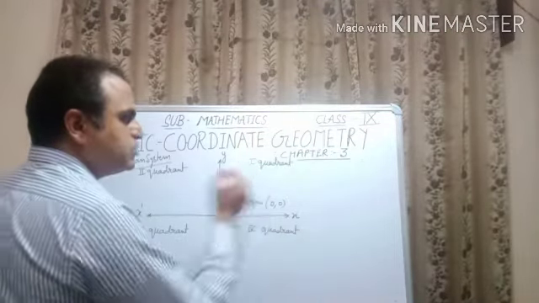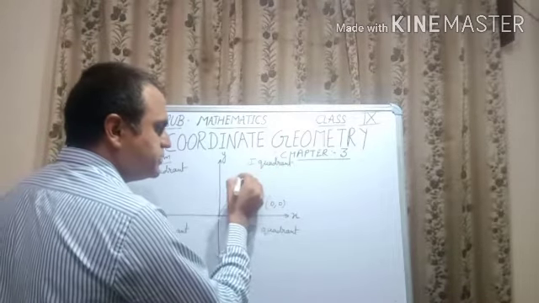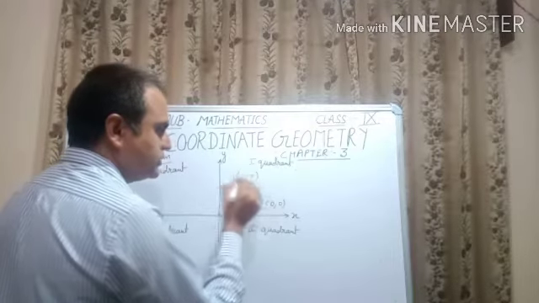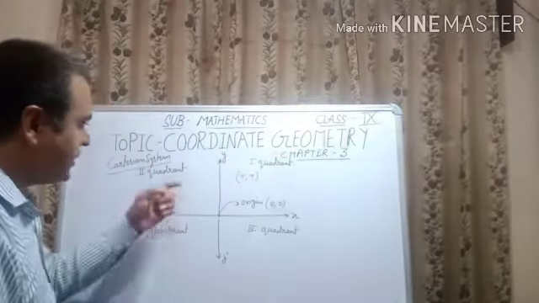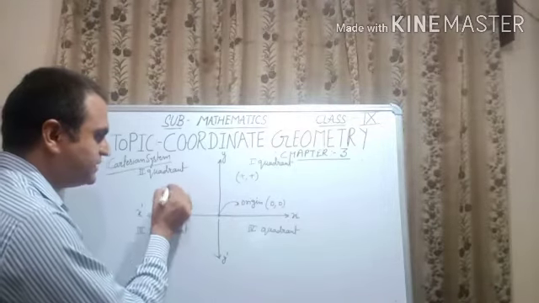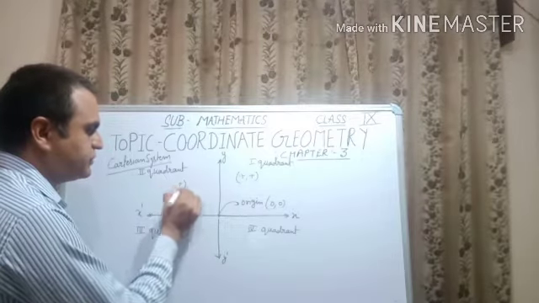In the first quadrant, the value of x is positive and the value of y is also positive. In the second quadrant, on x dash, the value of x is negative and the value of y is positive.